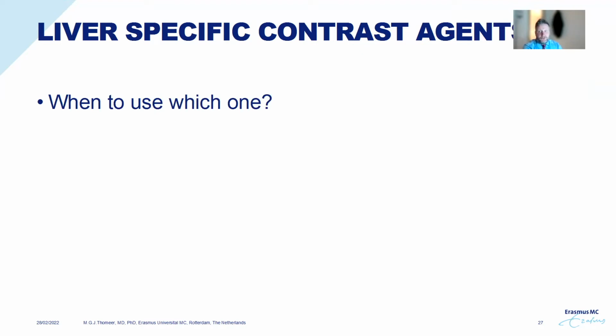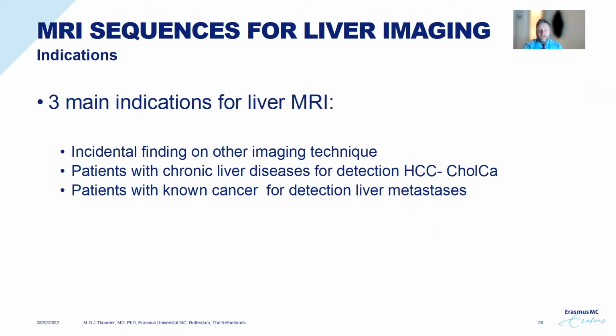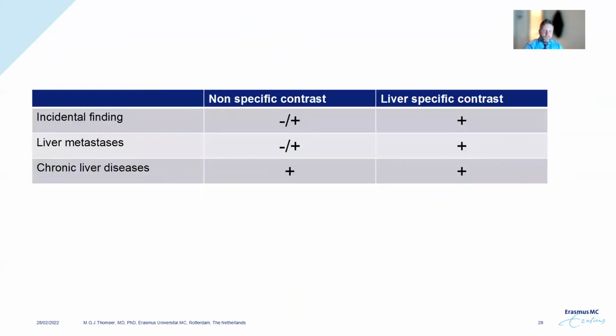Finally, before we go to the casuistics, the indication statements when to use which contrast. Here again, the main indications for liver MRI. These are the differentiation of incidental findings. Secondly, the detection of HCC and cholangiocarcinoma in chronic livers. And as last indication, the detection of liver mets.